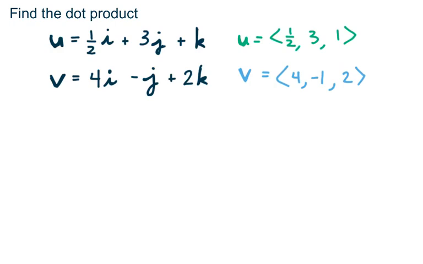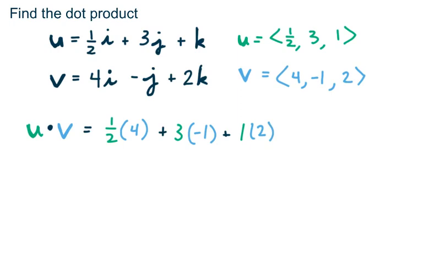They're interchangeable. If we are asked to calculate u dot v, what that means we do is we're going to multiply the corresponding components, I should say, and then we'll add up those three products. So I have 1/2 times 4 plus 3 times -1 plus 1 times 2.